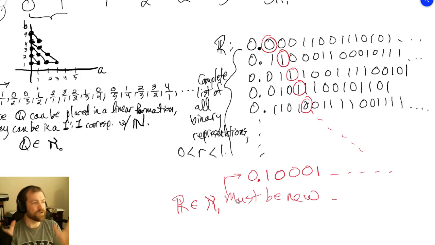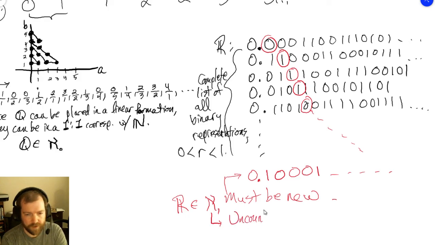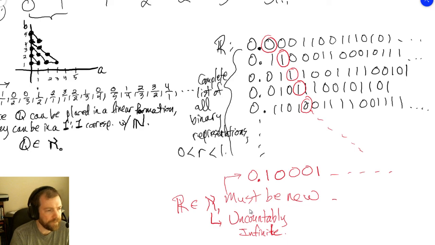Must belong to this new group, we'll call them Aleph 1, which are going to be uncountably infinite. Yep.